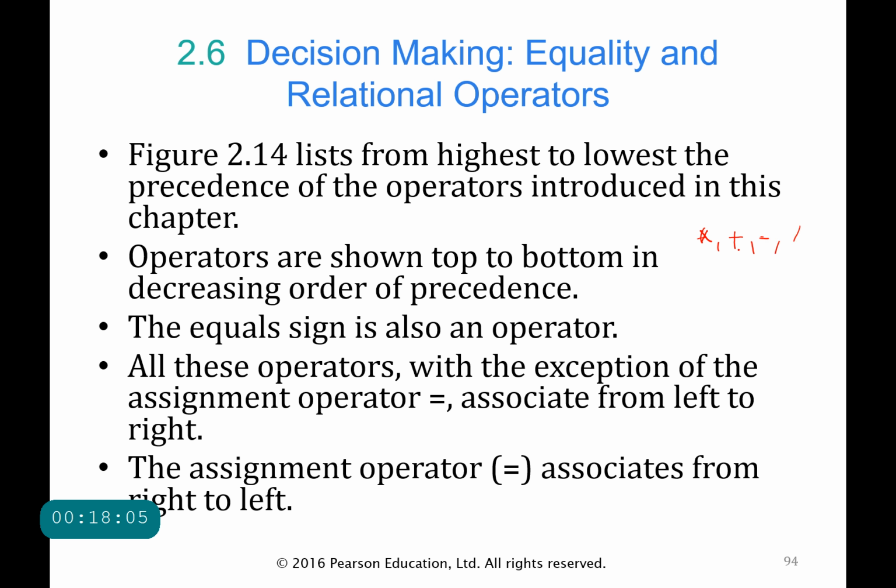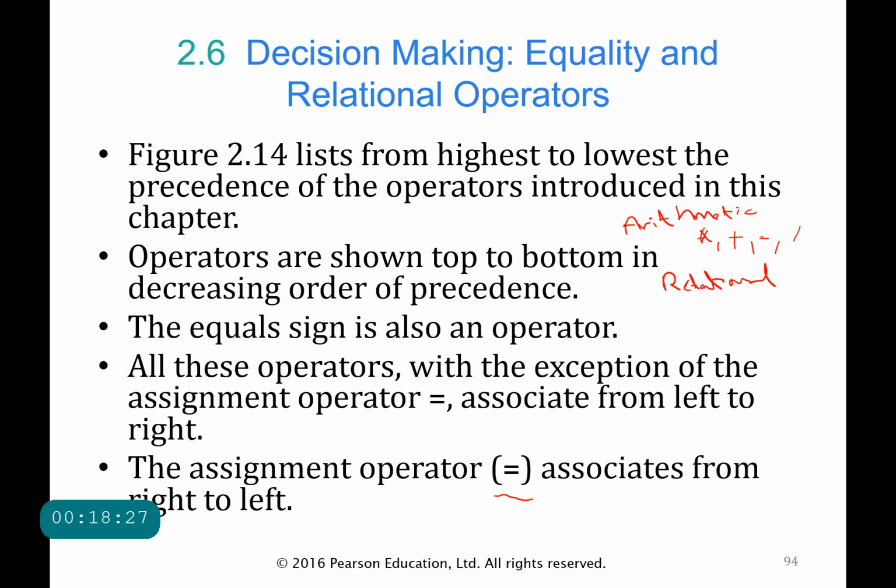So these were arithmetic operators. And then we have just looked at relational operators, and equality operators as well. And then finally, we had the single equal to, which was the assignment operator.